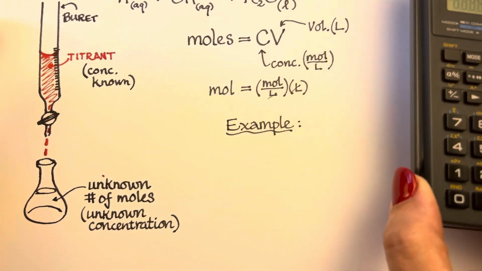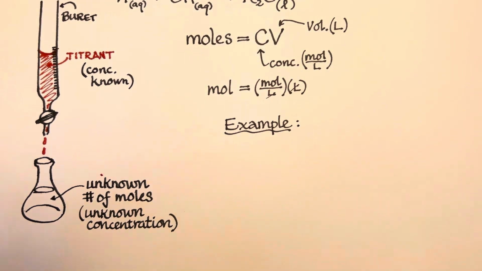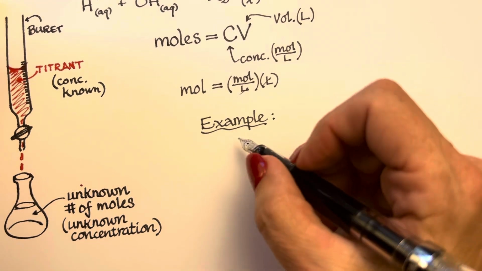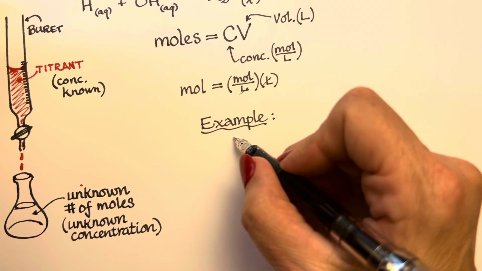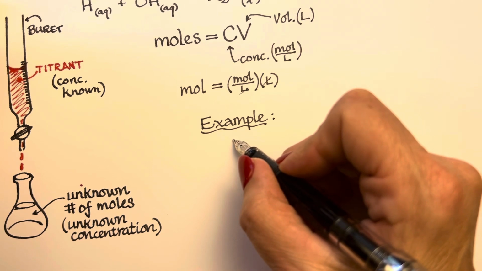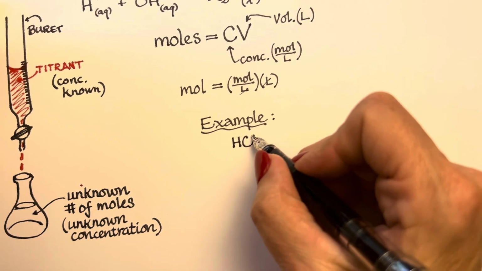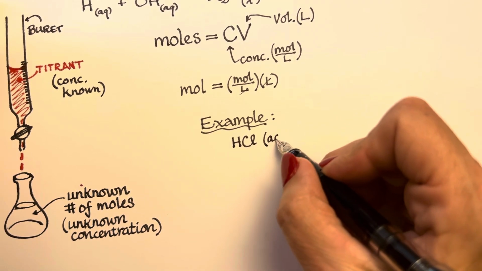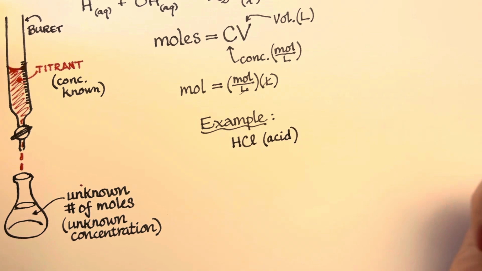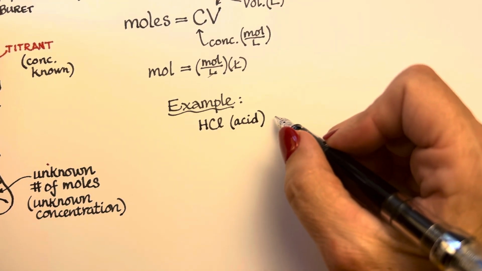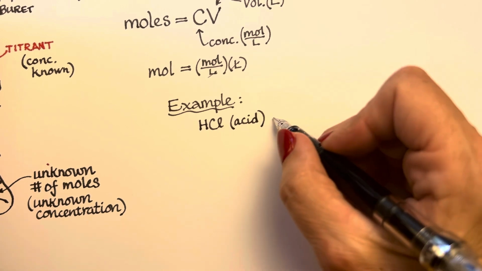Okay, so let us consider if we have HCl, and let's say, okay, this is our acid, and it has an unknown concentration.